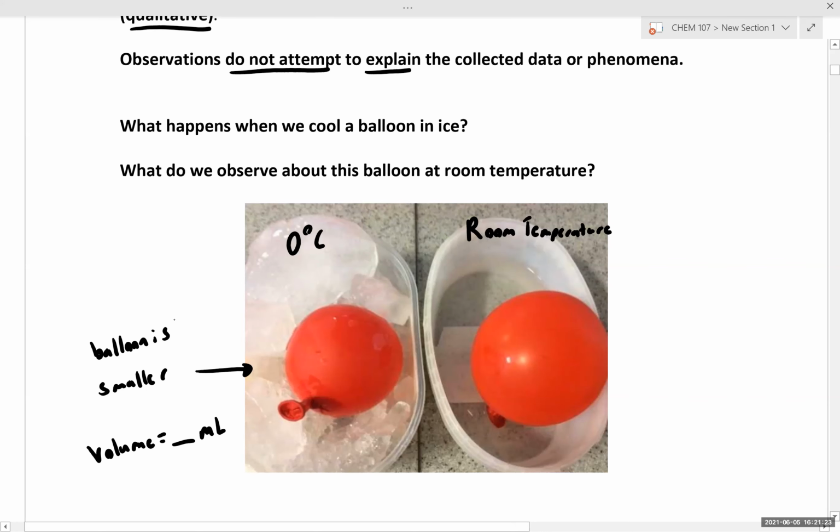The balloon is small. We can collect quantitative data by measuring the volume. In either case, we see that as we decrease the temperature, the volume, or the space occupied by the gas in our balloon, decreases. Okay, so we've observed something in the world around us and we've collected some observations.